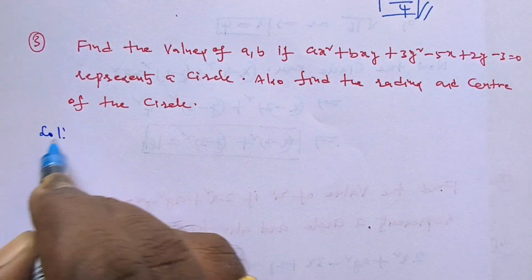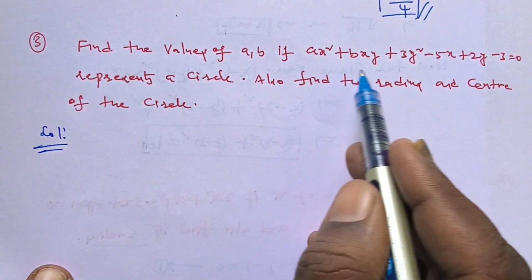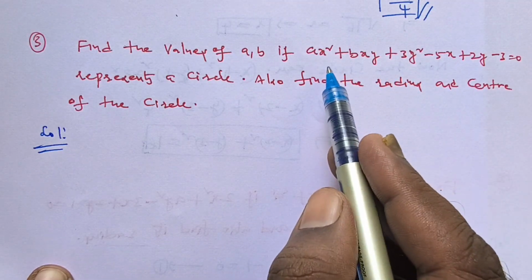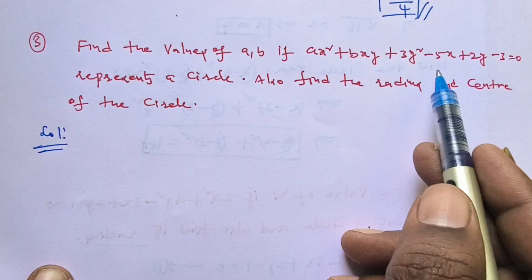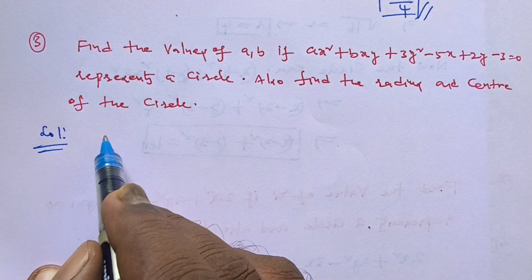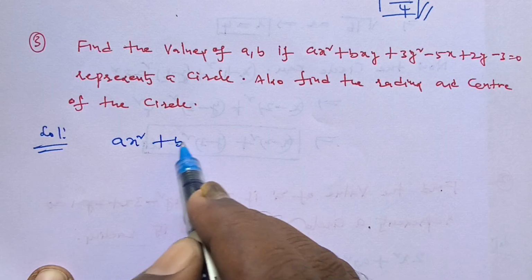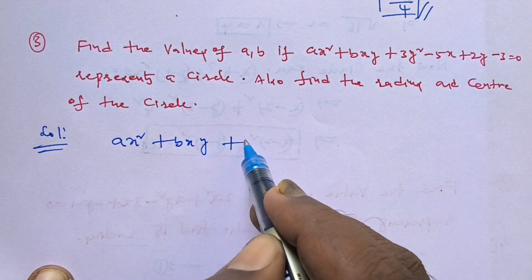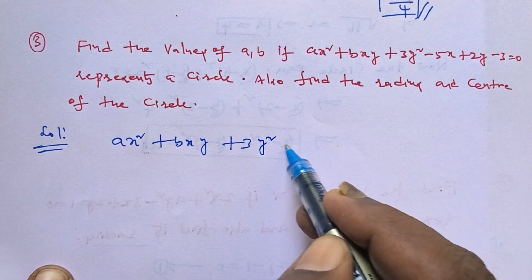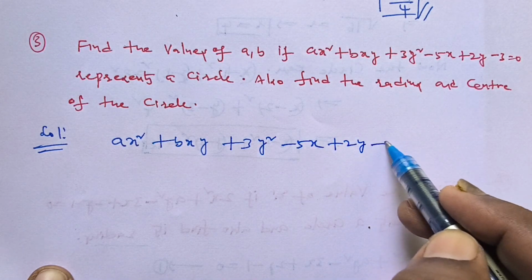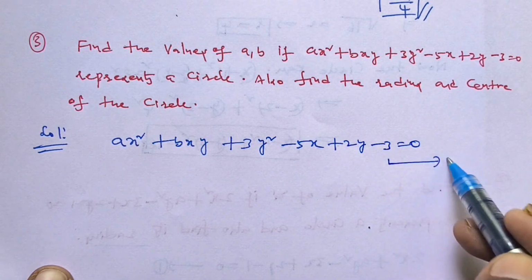Solution. The given equation represents a circle, that's why we rewrite the given equation: ax square plus bxy plus 3y square minus 5x plus 2y minus 3 equals to 0.